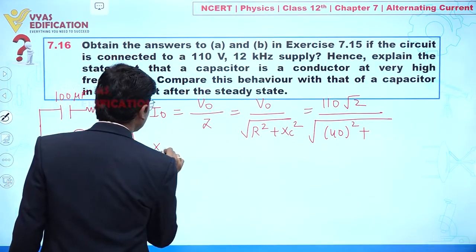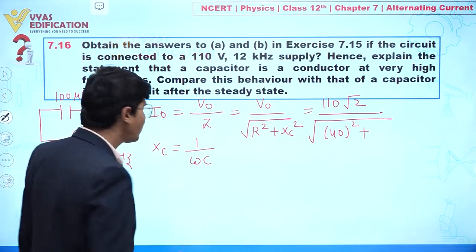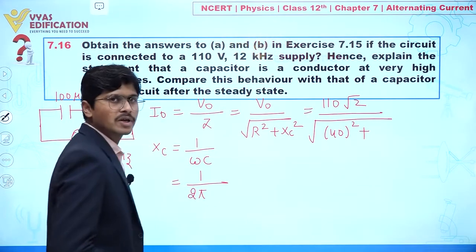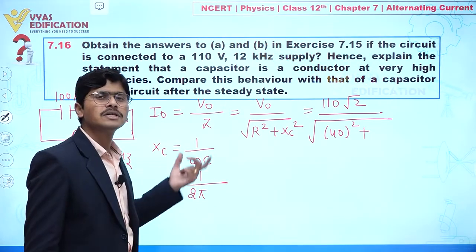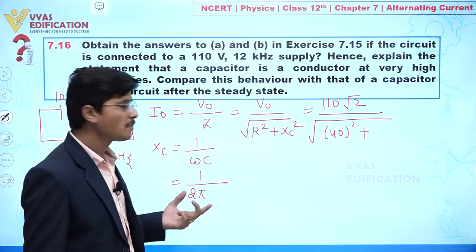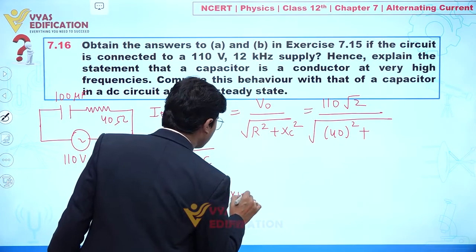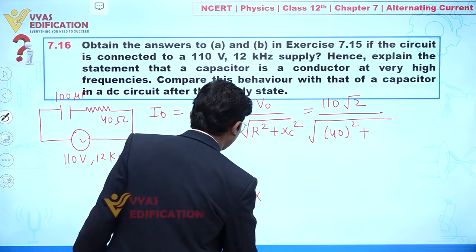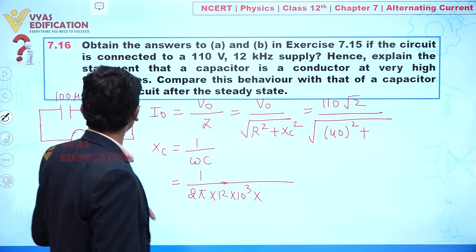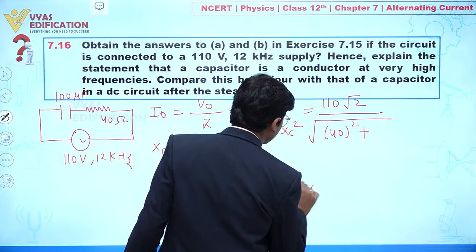If I calculate the value of XC, this is given by 1 upon omega C, which is equal to 1 upon 2 pi F C. F is given to you, this is 12 into 10 to the power 3, so 2 pi into 12 into 10 to the power 3, and C is 100 into 10 to the power minus 6.